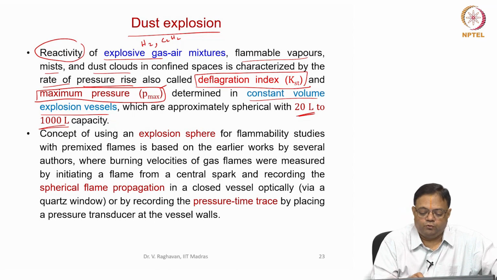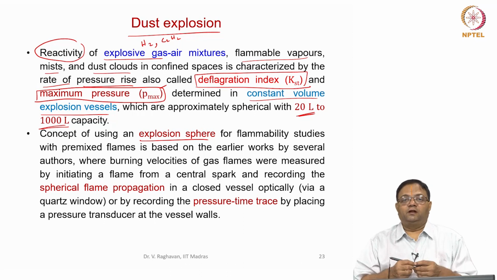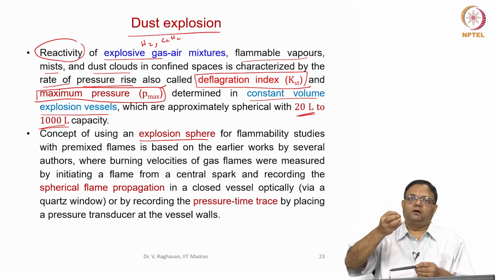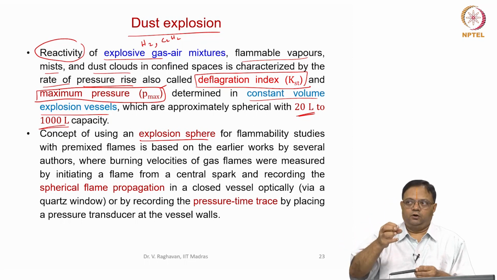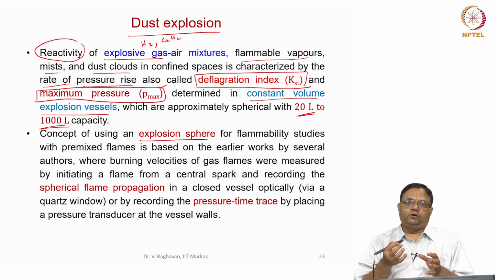So, the concept of using an explosion sphere for flammability studies is that when there is ignition in the center, a spherical flame is formed around the ignition location, and it slowly propagates. The radius of the flame increases, and pressure also increases.